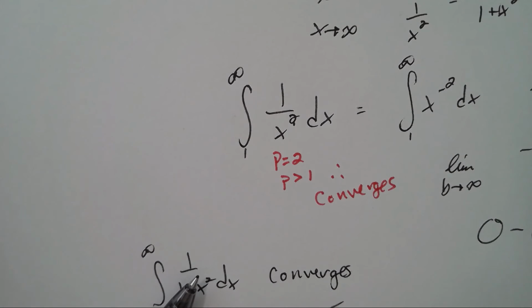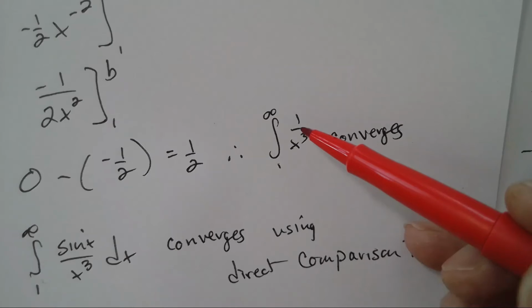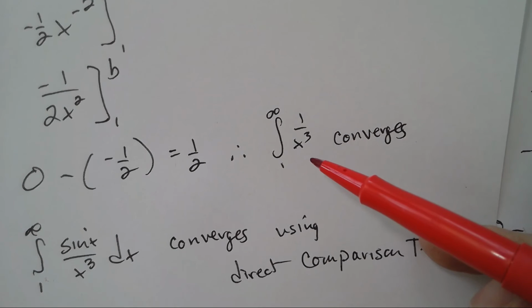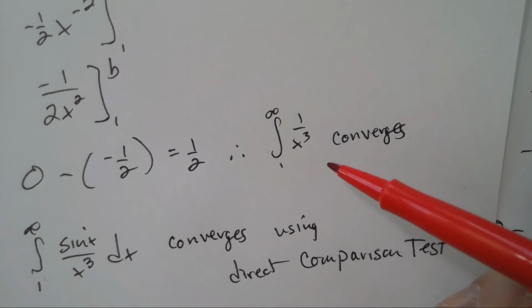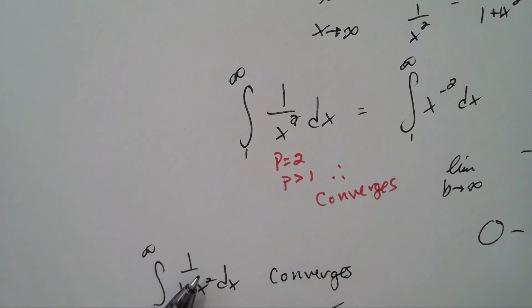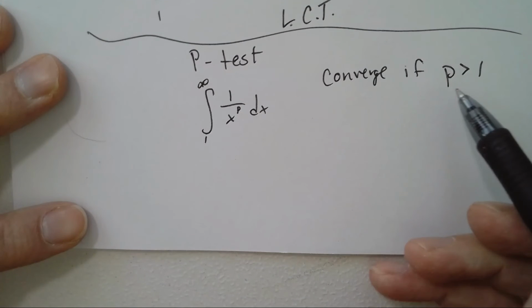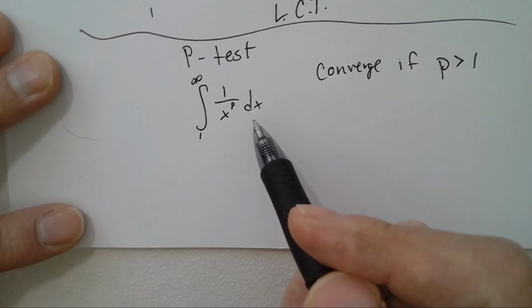We had another one here on the previous problem. This one also converges because p is 3, which is greater than 1. Okay, so you can use the p-test all the time in my class. It's really useful. As long as p is greater than 1, it converges.